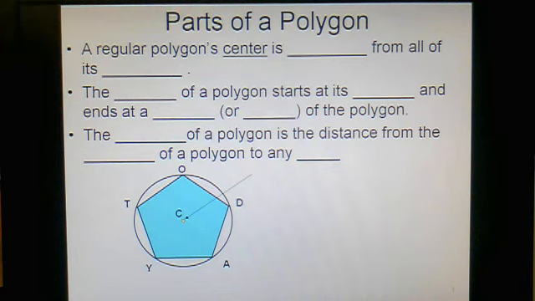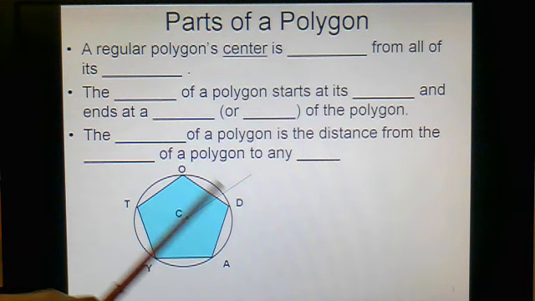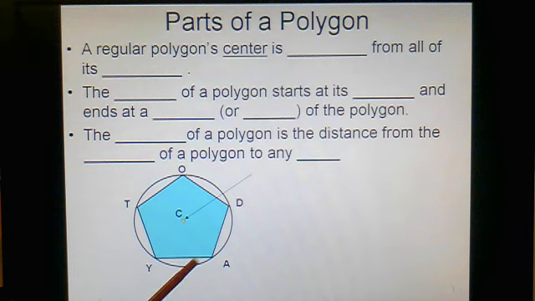And I think on your paper I may have drawn a circle here. So for the first time in a while, we're going to relate circles to other polygons. And you may see that the center of this polygon also relates to the center of the circle. So the center of a polygon is actually the center of a circle that's circumscribed about it. Or the polygon is inscribed inside the circle, another way to say that.